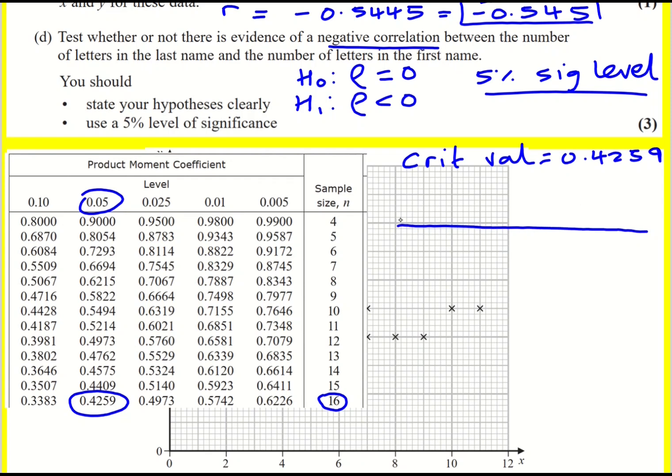What I like to do is just draw a little number line. Also, it's not going to be 0.4259, it's going to be minus. Okay, so this caters for both plus and minus. Because we're looking to the left, it's going to be minus. Right, so I've got my critical value around about here.